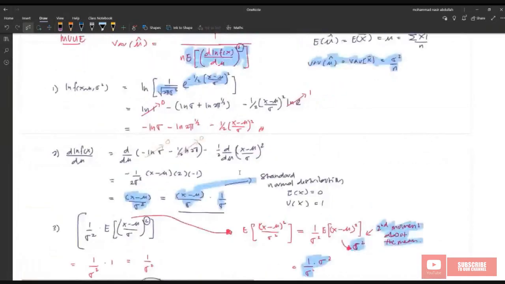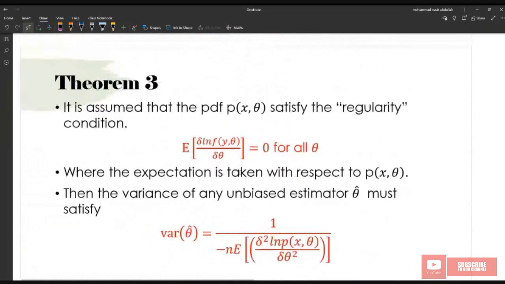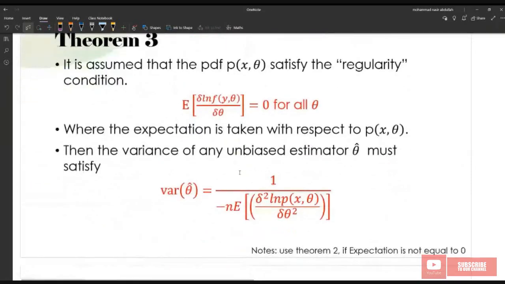So there is a tip on when to choose the second formula or the first formula, right? Refer to theorem number 3. If the expected value of the first derivative of ln f(x) is equal to 0, then we can use the first formula. If not equal to 0, then you can use the second formula.